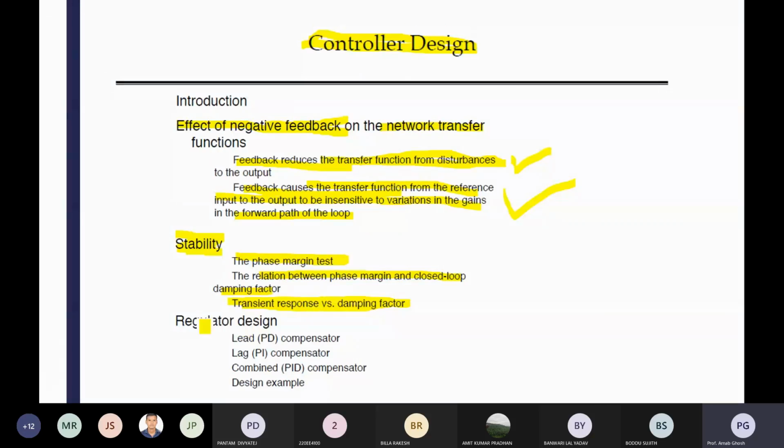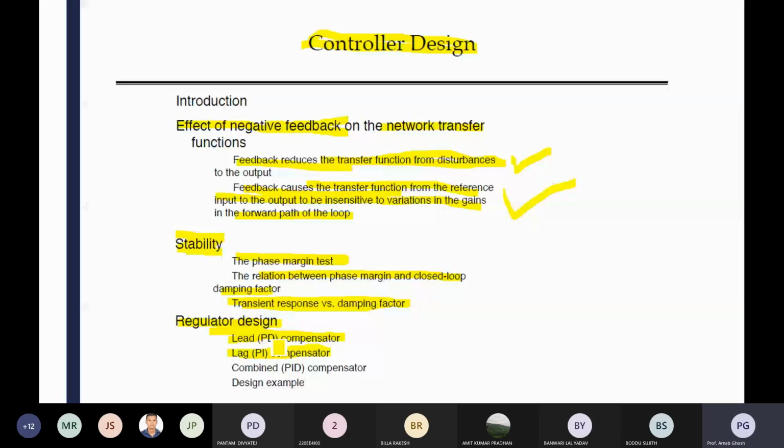Then regulator design, which you can say is controller designing. The normally used controllers for power electronics converters, especially switch mode power converters, are the lead type compensator and the lag type compensator. Lead type compensator means PD, the differential compensator, plus you can add some zero.